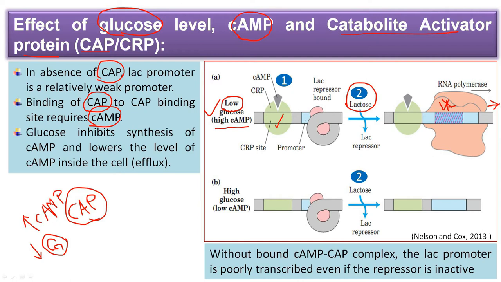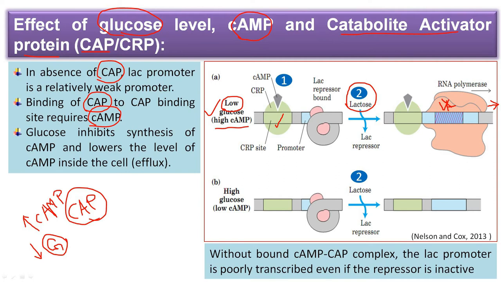The operator site is free as the lac repressor is inhibited by lactose or allolactose, and second, the CAP and cyclic AMP complex is present, which allows the efficient binding of RNAP to the promoter.